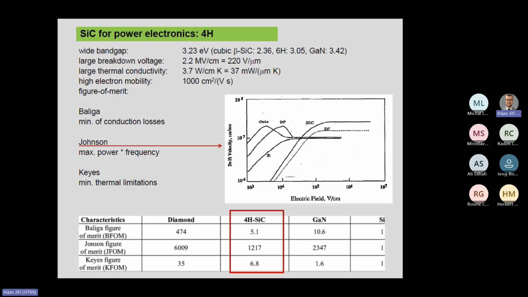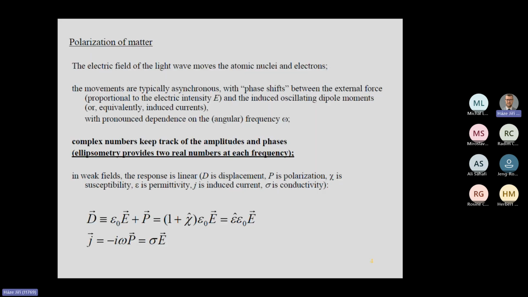There are several of them, and 4H excels against silicon in all of the three listed here. I guess it's not necessary to discuss it further. So we will have to understand what quantities will appear here as the results of measurements and as the results of our interpretation of them.